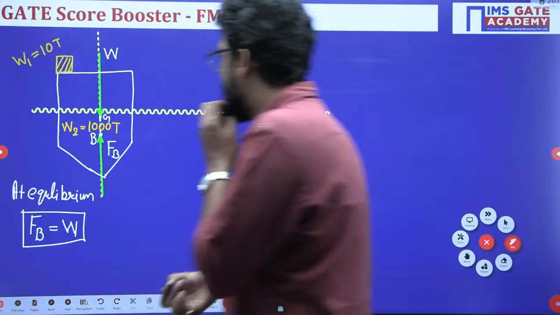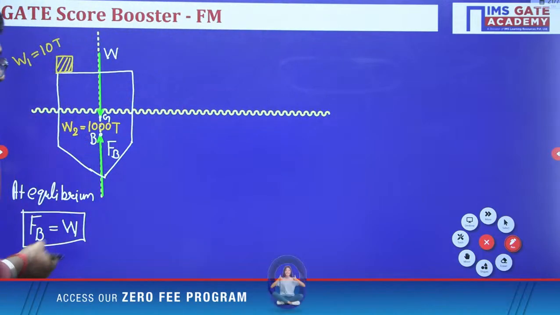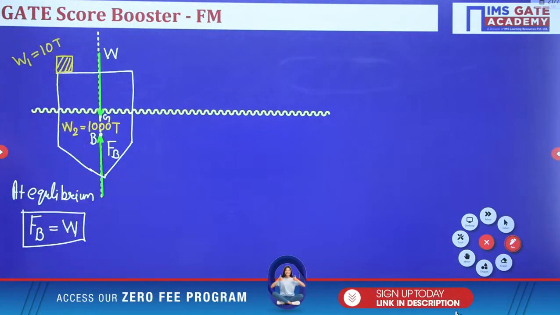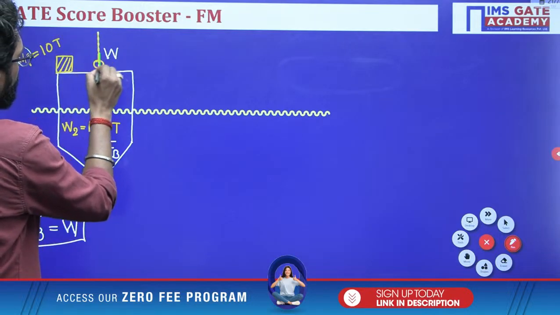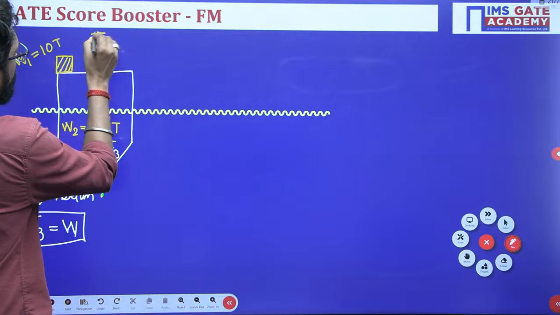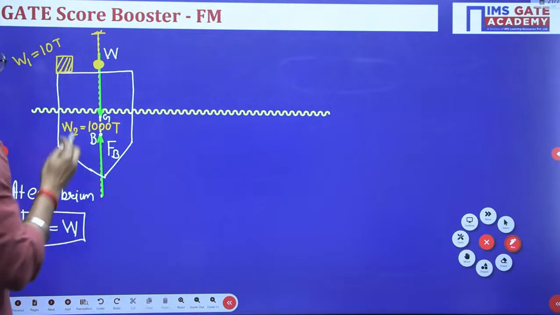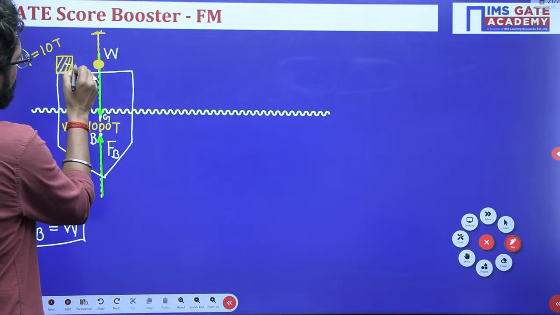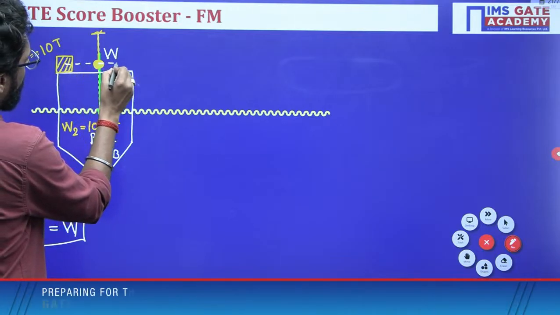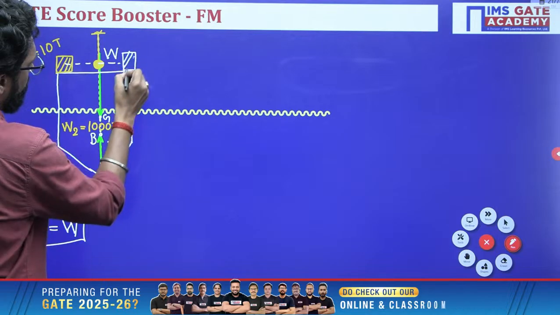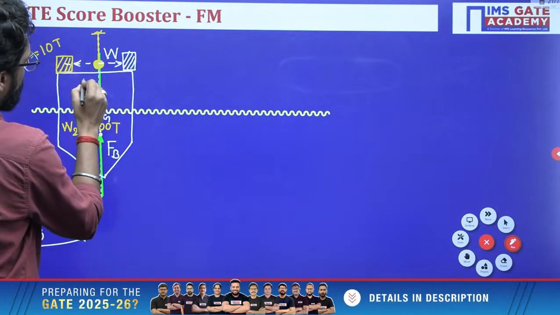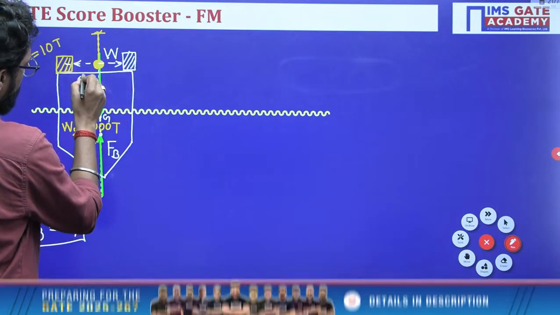Now, my dear, due to some circumstances, and here is the pendulum on the post. Now, due to some circumstances, this weight will shift somewhere, let's suppose 6 meter.